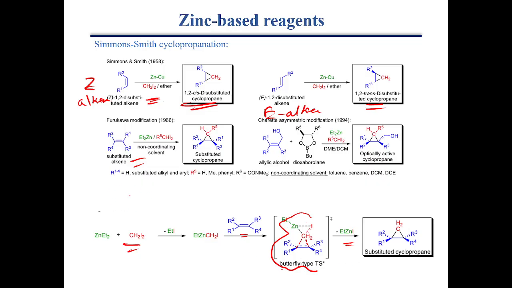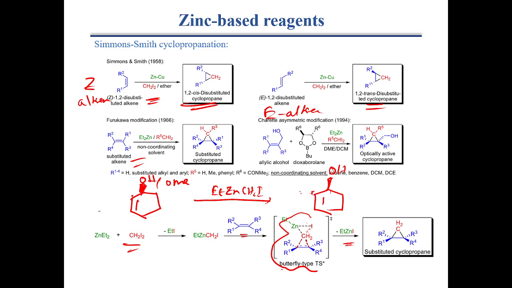So if any compound has a directing group, OH or OMe, and we treat it with this ethyl zinc complex, what happens in these cases? If it is the beta face, the cyclopropane forms from the beta face due to chelate formation. So this is the chelate it will form.